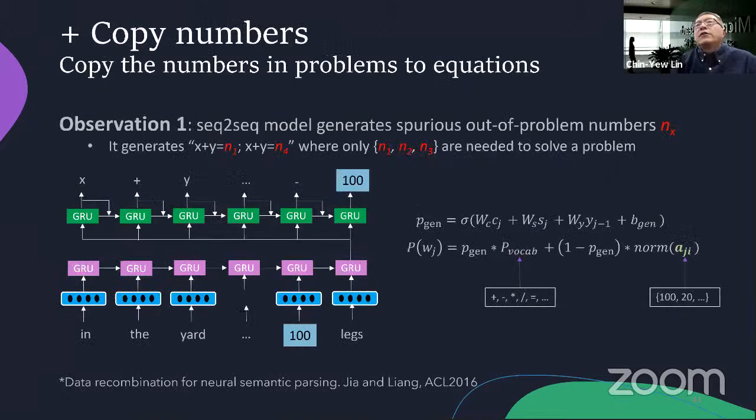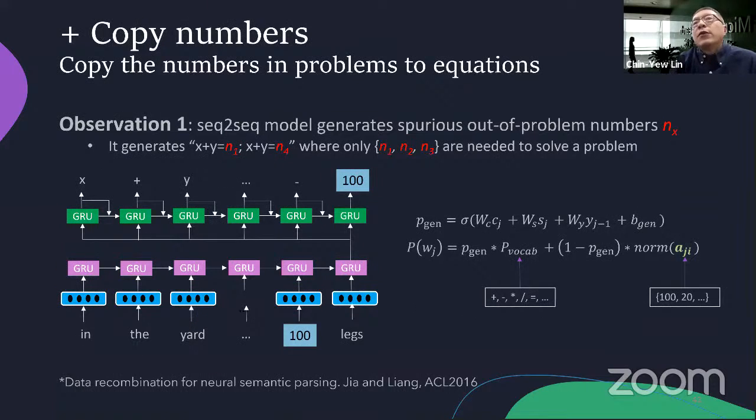Now the challenge: after we did this, we found two problems. Observation number one: the sequence model can generate. When we saw this the first time, we said, wow, you really can generate something. But one thing we observed is that it can generate out-of-vocabulary numbers that are not in the question.